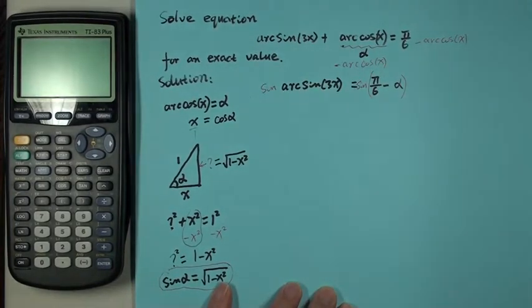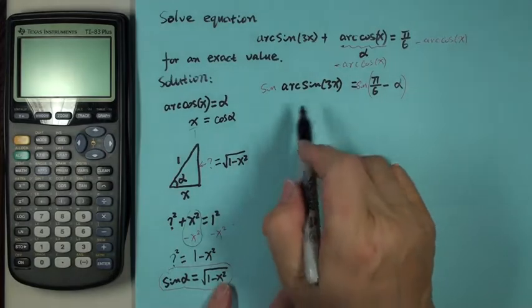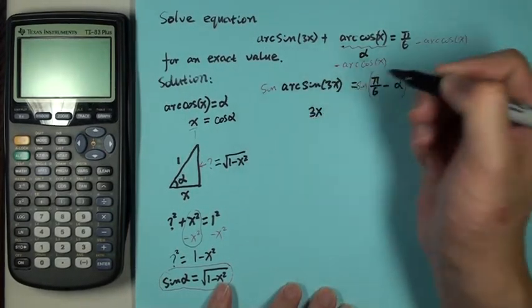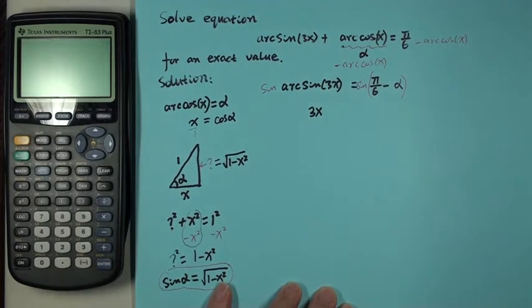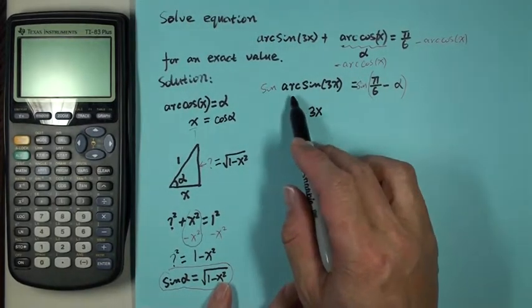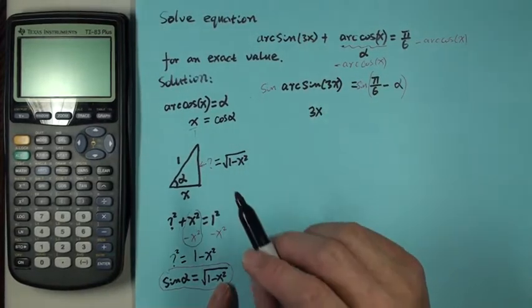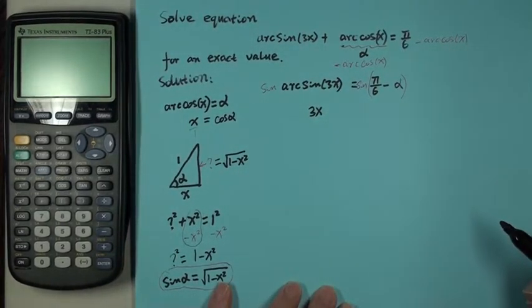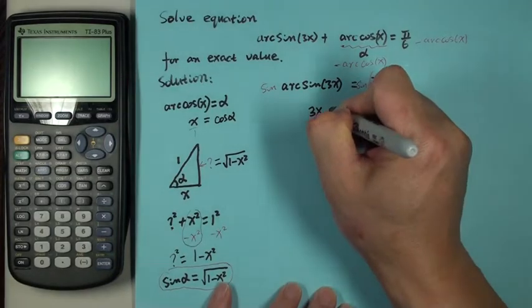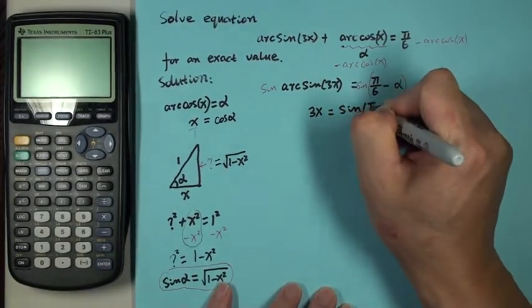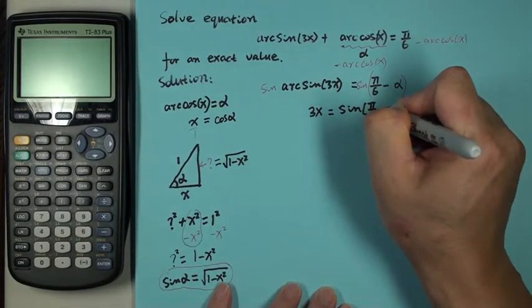Basically, what you get is sine arcsine, that's directly 3x. If you choose sine, here is arcsine, they cancelled. But you know, you cannot really say it in that way. Now, right hand side is sine of pi over 6 minus alpha.